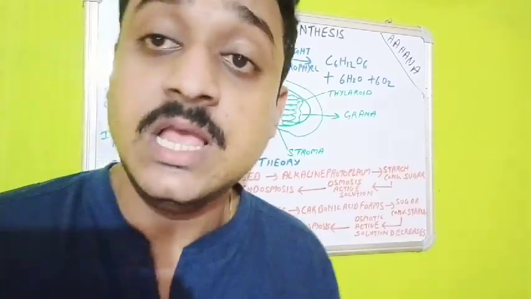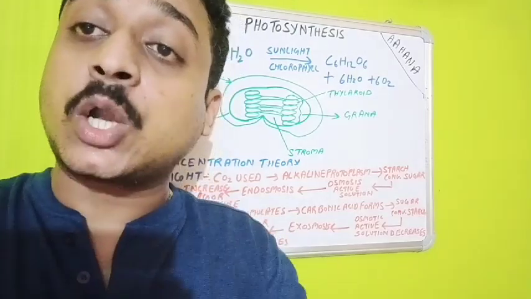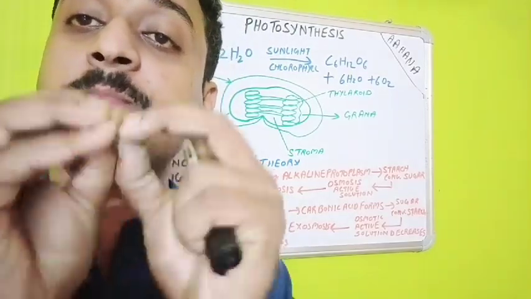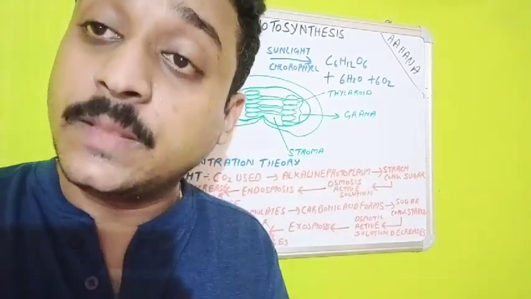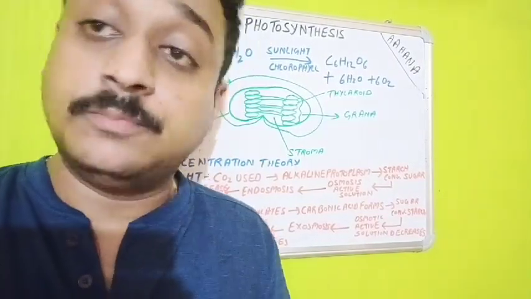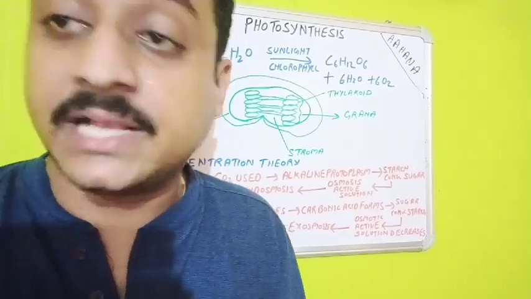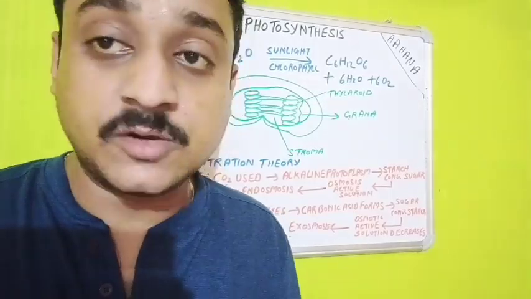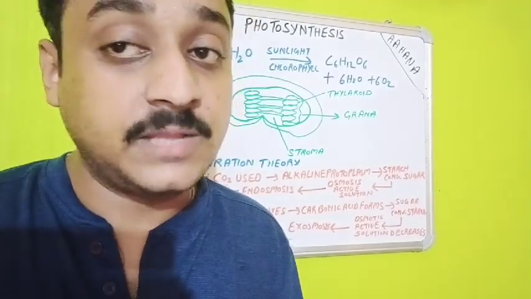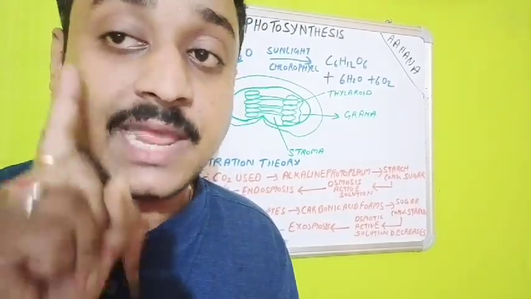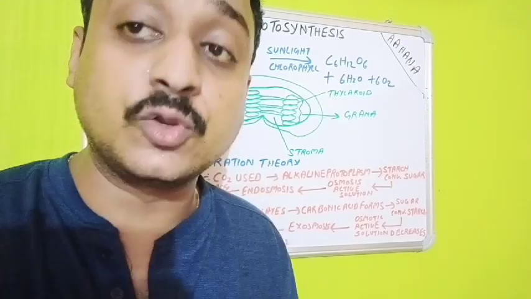The reason is, if during the daytime their stomata open, then transpiration will be maximum and the plant will die. But during the night time, if they open, there is no sun, so no extra transpiration. They only accept the carbon dioxide from the external environment during the night. But I repeat, during the night, no photosynthesis.